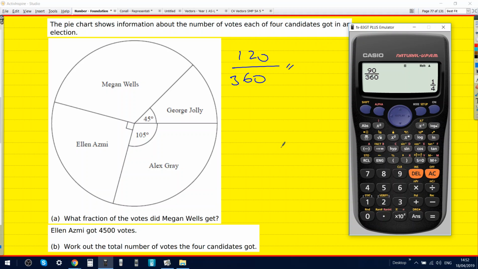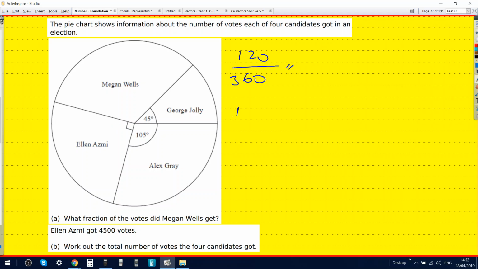Yes. So one quarter, right. 1/4 of the total is 4,500. And so how do you get the total? 90 over 360 equals 1/4. Right.